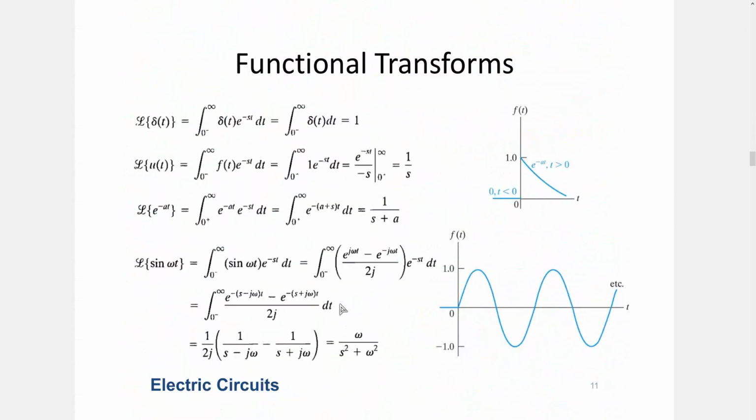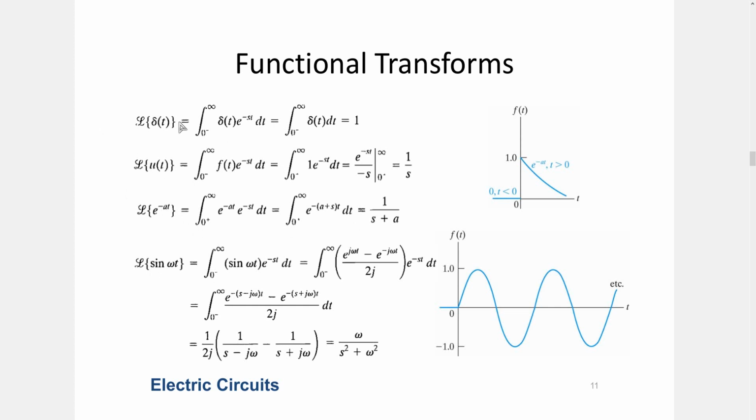Functional transforms are easier to handle. The functions that we will be dealing with are typically the delta function, the unit step function, e to the minus at kind of decaying functions, and sinusoidals like cosine or sine.